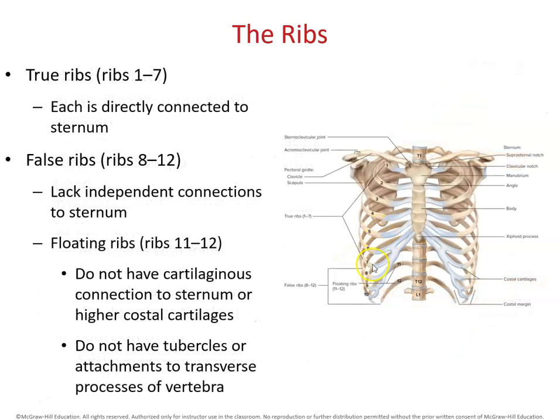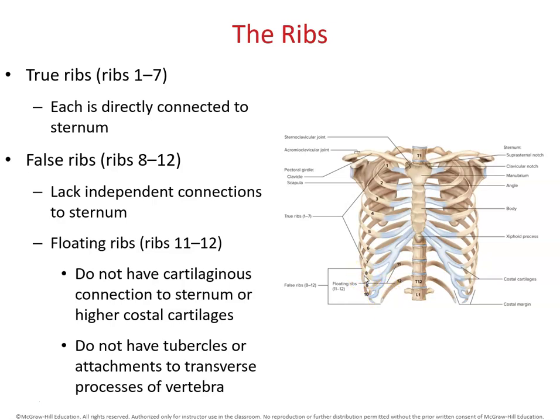So we say that ribs 1 through 7 are true ribs because they are directly connected to the body, the gladiolus, of the sternum, or 1 is connected to the manubrium. Okay, so 1 through 7 have direct connections to the sternum. Ribs 8 through 12, we call those false ribs.